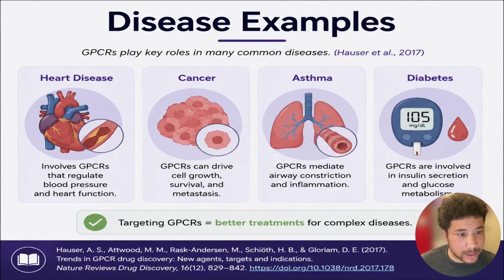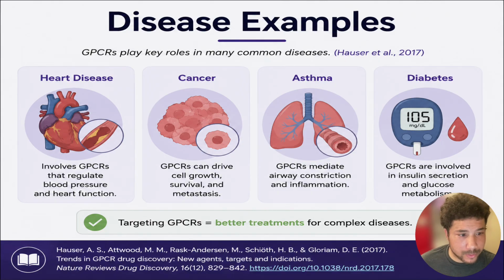Other GPCR related pathways can help reduce inflammatory responses in the bronchioles, making it easier for us to breathe.